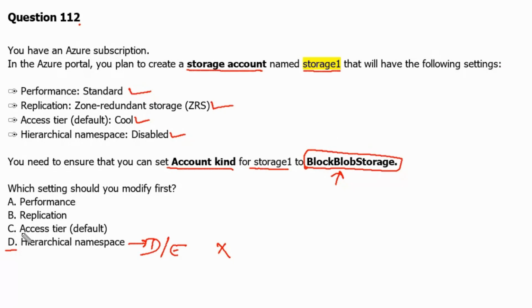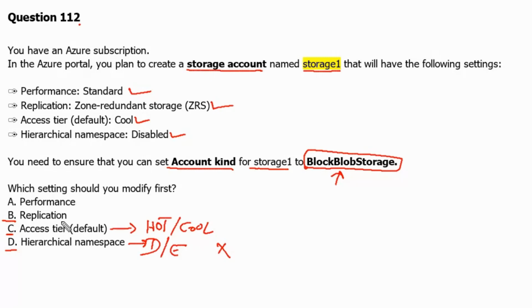Option C, access tier default, which is selected cool right now, and it has two options available, which is the hot, which is for frequent access, and cool, which is for infrequent access of the objects. And the cool one is supported by blob storage as well as the hot one. So option C will not impact our account kind choice to the blob storage.